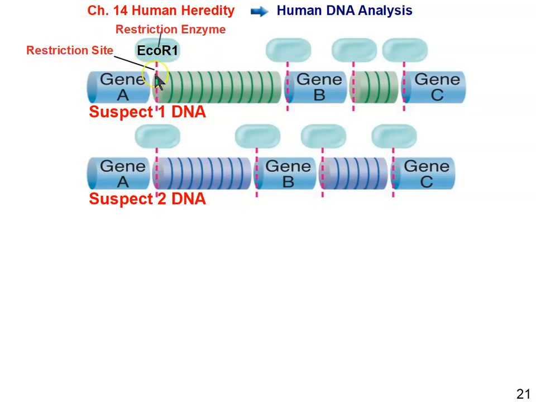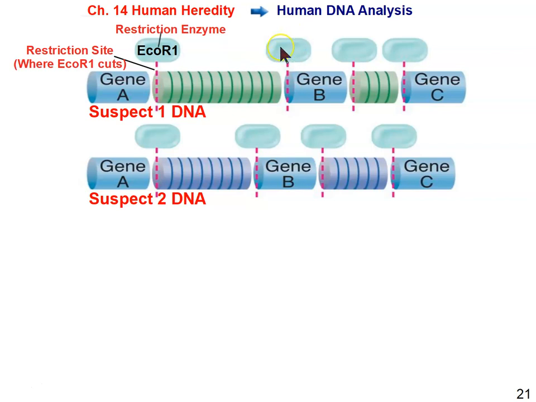EcoR1 cuts at a very specific sequence, a recognition sequence or a restriction sequence at a restriction site, as we say, and it's always going to cut at that specific sequence, and not only at that specific sequence, but between two specific nucleotides of that specific sequence.